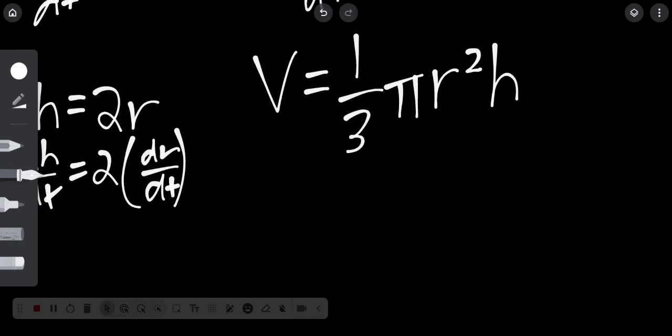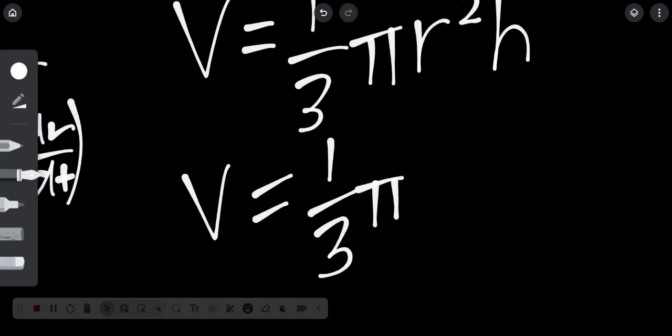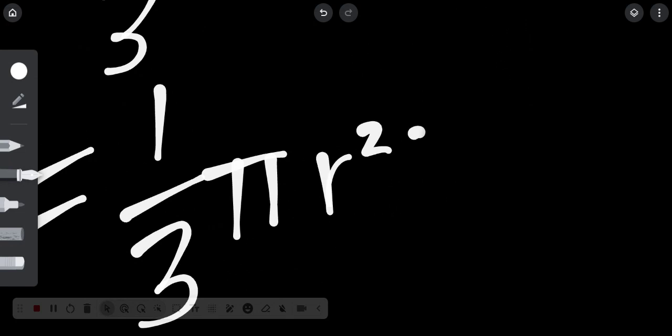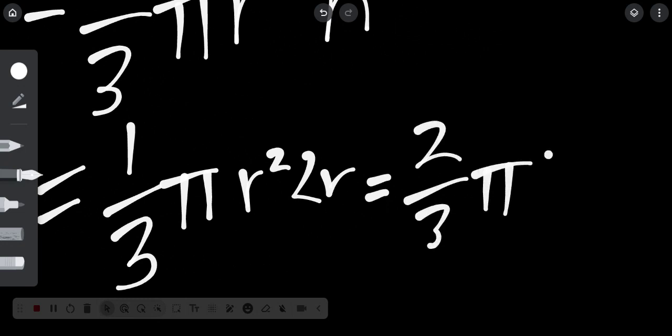Now we know that h is equal to 2r, so we can substitute that in. So volume is equal to 1/3 pi r squared times 2r. Distributing, r squared times r is r cubed, so it's 2/3 pi r cubed.